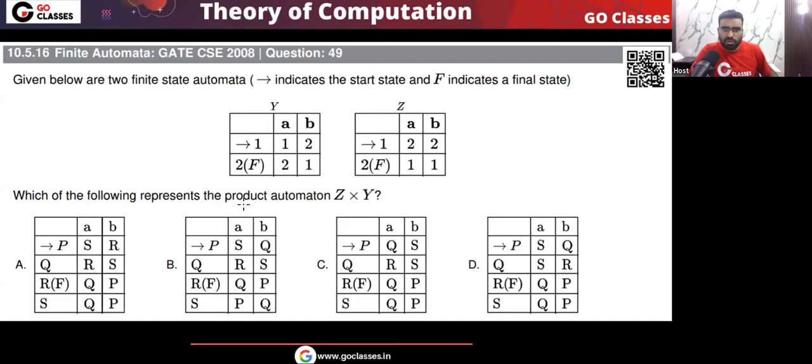Very easily you can do this. Tell me, in the product automata, what are the states? If you have two DFAs, for example M1 and M2, then you can create a product DFA, M1 cross M2.